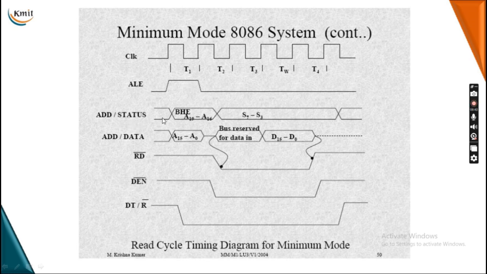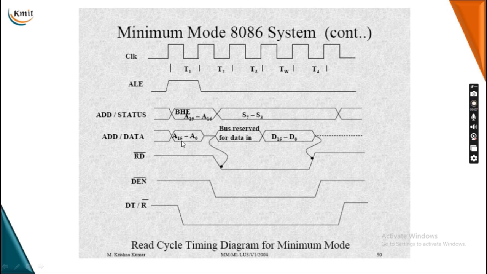You can see here, during this timing pulse, BHE is given along with A19 to A16, which are the status pins S3 to S7. Then the next cycle it continues for the data.